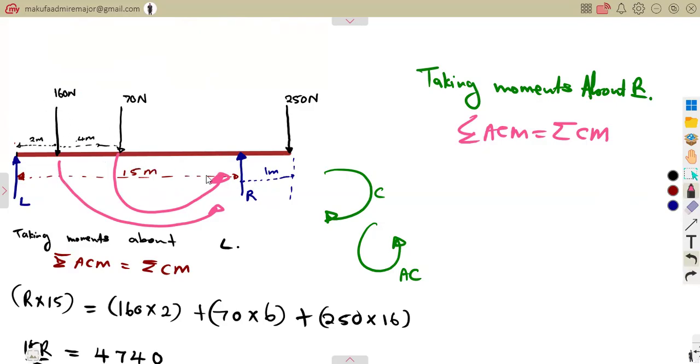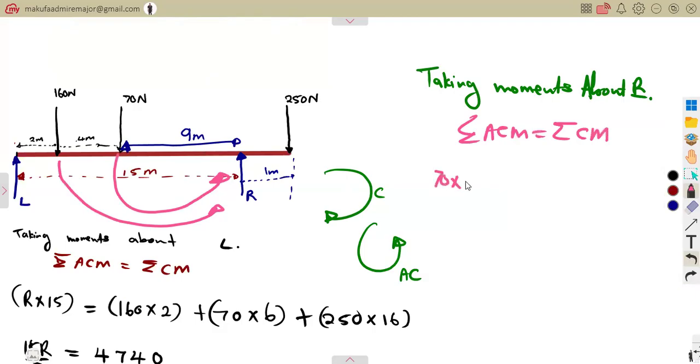So 70 back to R, what is the distance between these two points? Remember, there we have got 2 plus 4, which is 6 from 15. So 15 minus 6 is going to be 9 meters.